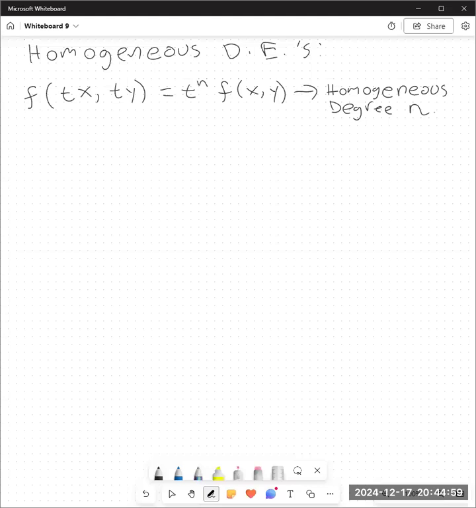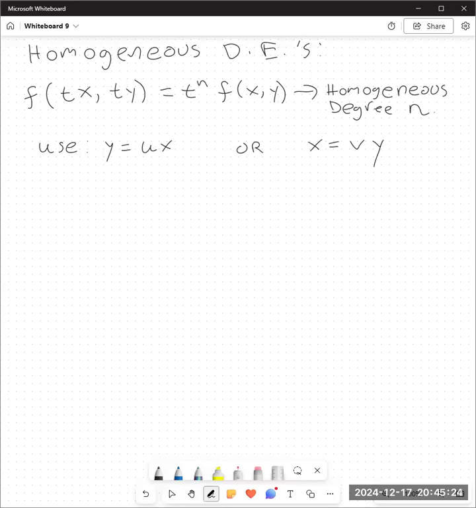There are two substitutions that we can make here in this case. We can either use the substitution y equals ux, or we can use the substitution x equals vy. Your teacher may write these a little differently, but this is usually how the textbook talks about these.